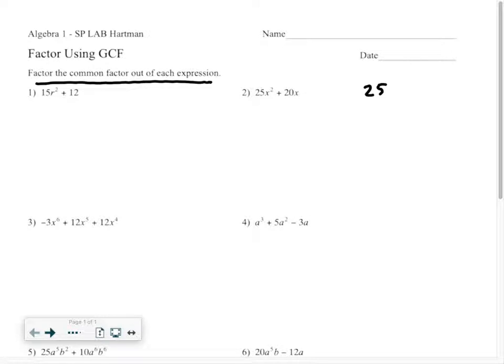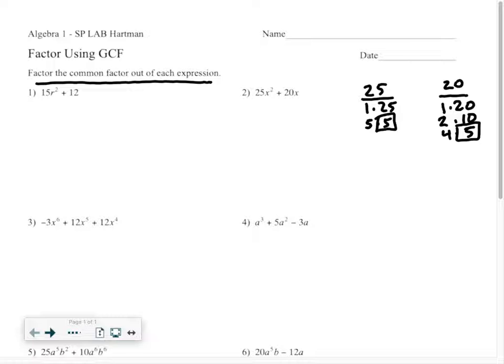If we're looking at the numbers 25 and 20 and all of their factors, for 25 we can think 1 and 25, 5 and 5. For 20, you have 1 and 20, 2 and 10, and 4 times 5. So the GCF of the numbers would be 5.